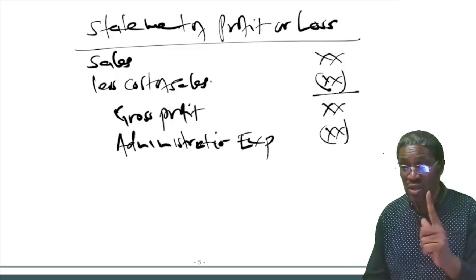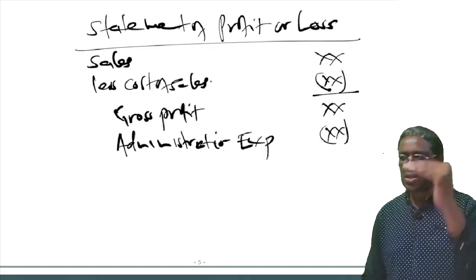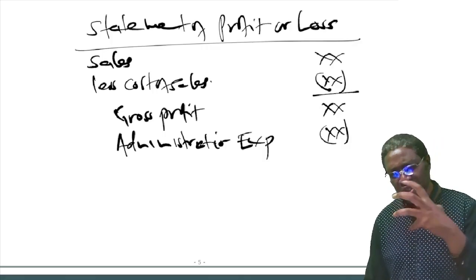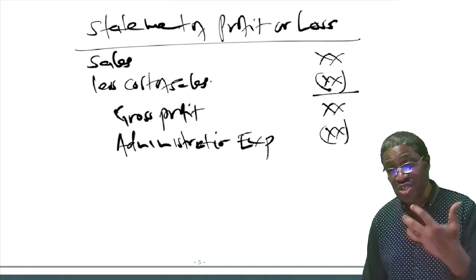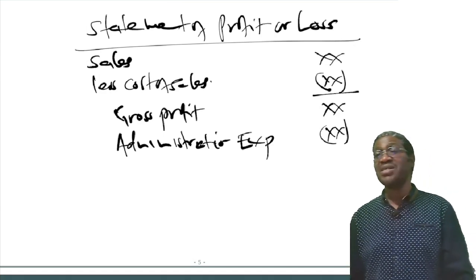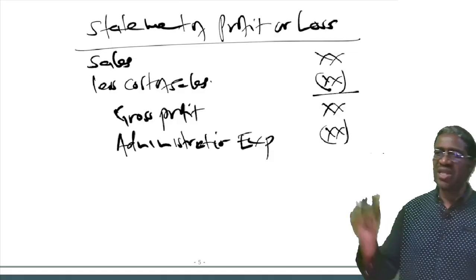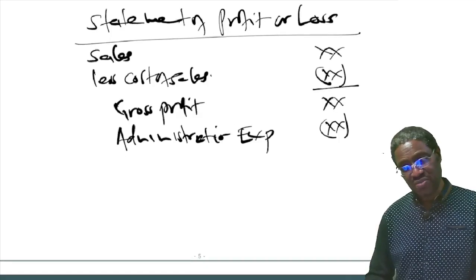Don't come and tell us electricity of the office, insurance of the office, telephone of the office. Yes, it's true they are administration expenses, but you don't show them individually on the face of the income statement. Instead, combine them somewhere and bring them as a single amount.